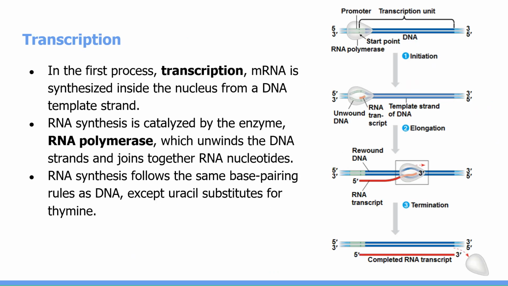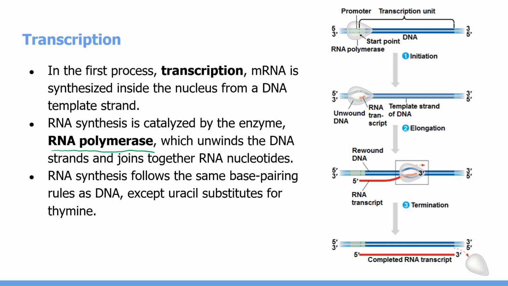So the first process is transcription, in which, again, the mRNA is created inside the nucleus from a DNA template strand for eukaryotes. Okay, so what does this, y'all? Well, RNA polymerase. Just like with DNA synthesis or DNA replication, this transcription process requires enzymes to help speed this process up.